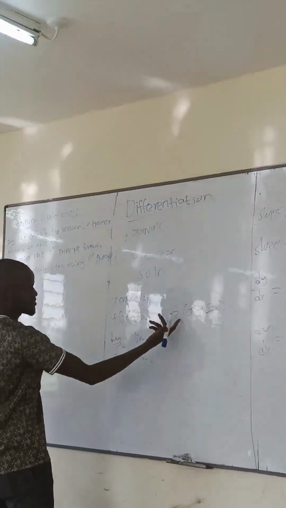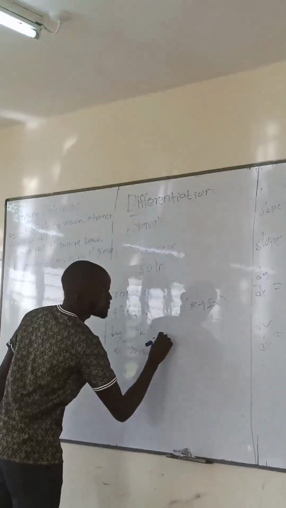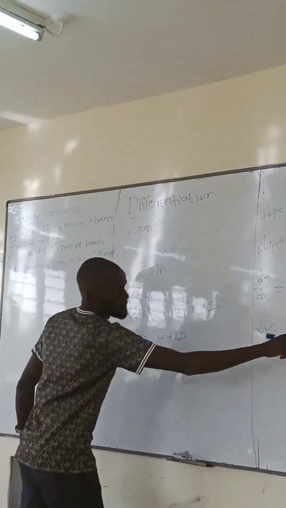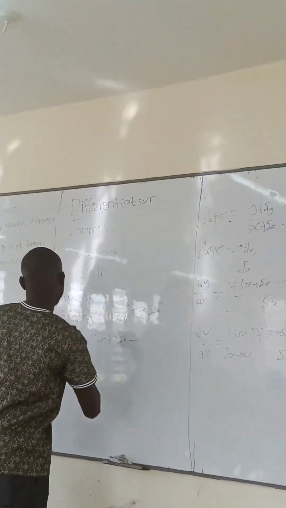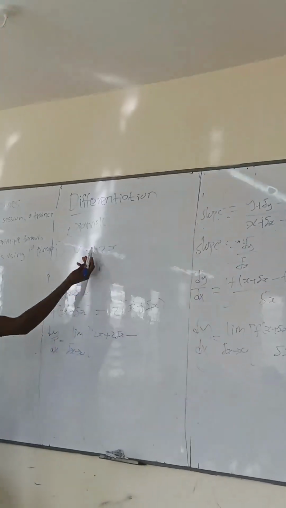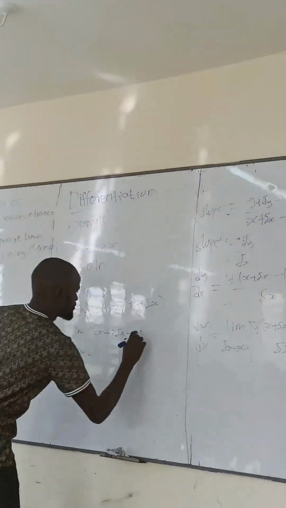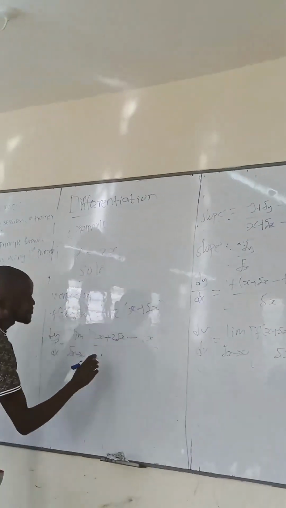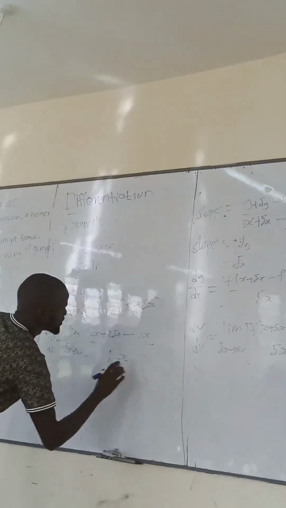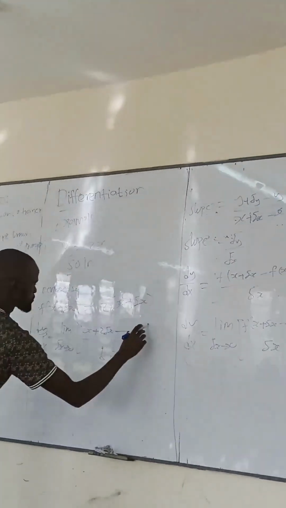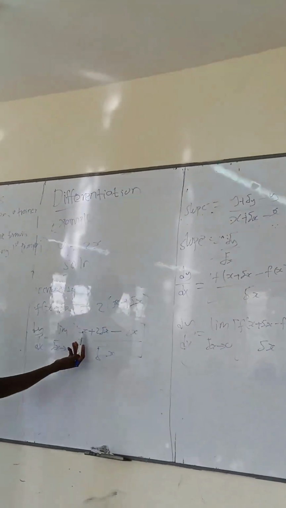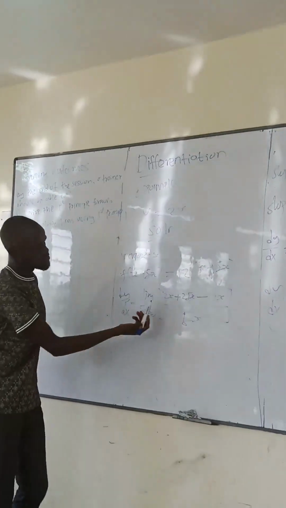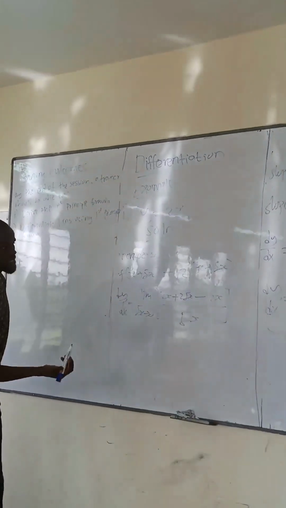What is our f of x? It is here, 2x plus 2 small change in x, minus f of x. This is our f of x, 2x, minus 2x. Are you together? Yes. Over the small change in x. Good. We have 2x plus 2 small change in x, minus 2x. 2x minus 2x, we get a 0, right?